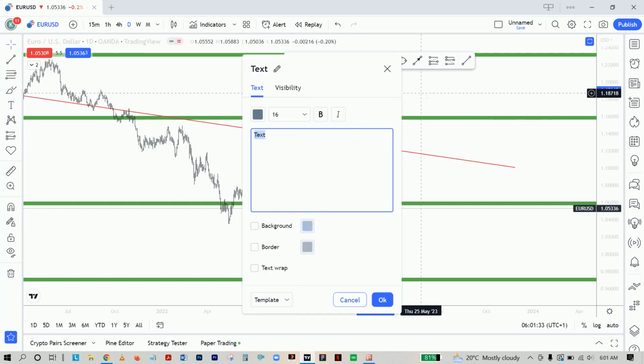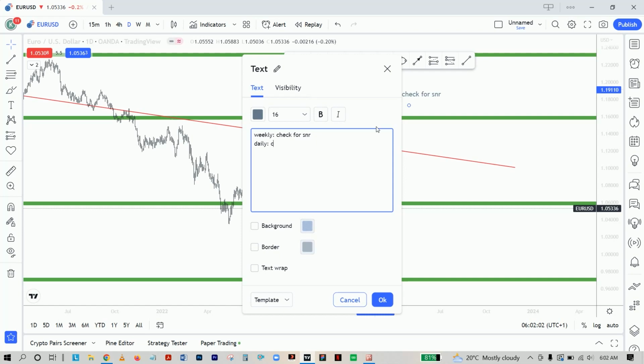The first thing here on the weekly, what I do is I check for support and resistance levels. Now on the daily chart, what do I do?